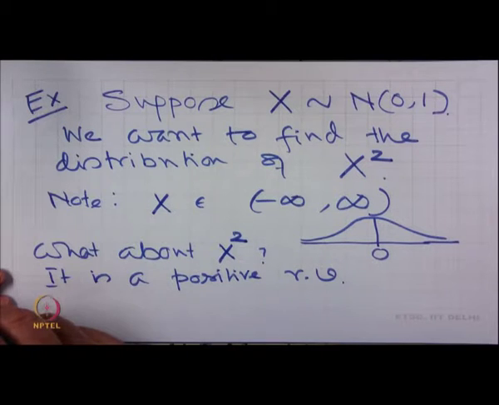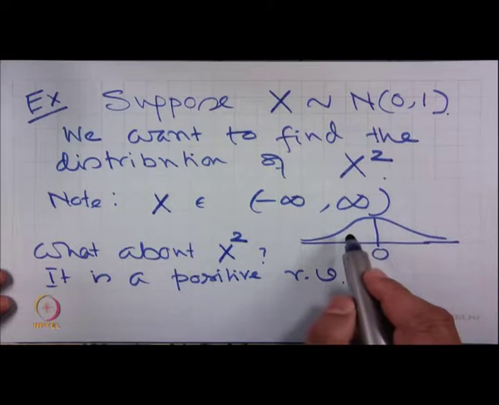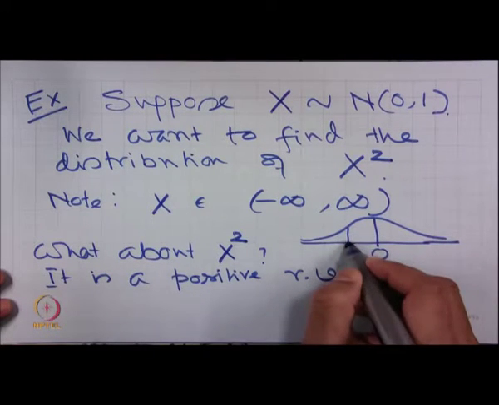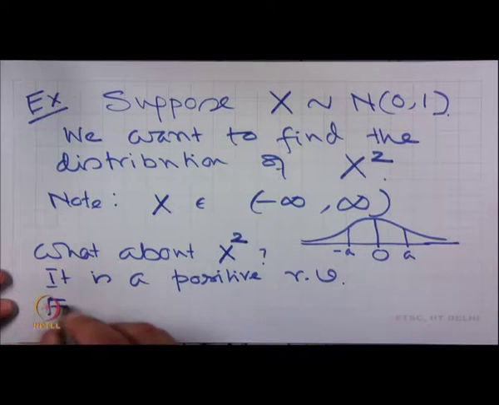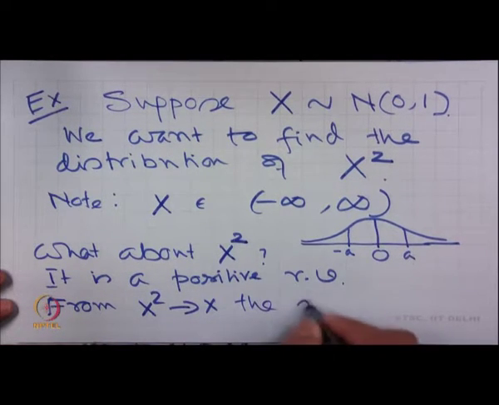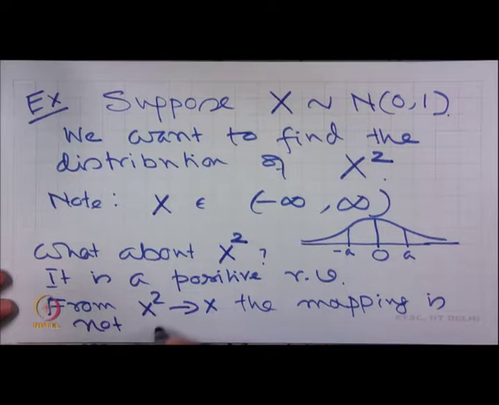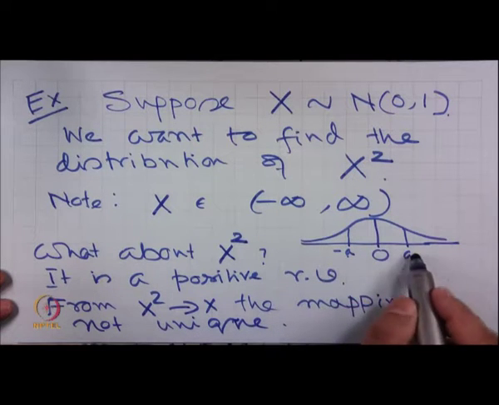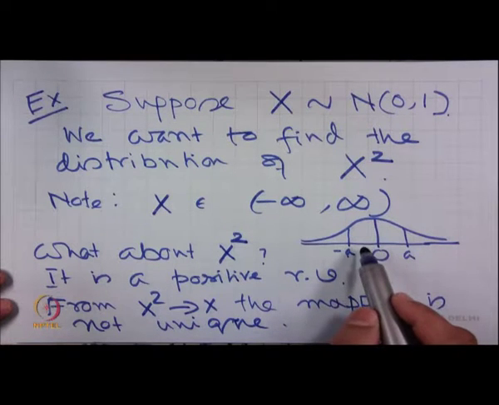And another problem with respect to this transformation is that this mapping from x square to x is not unique, because for minus a and a, for both of them the value of x square is equal to a square.